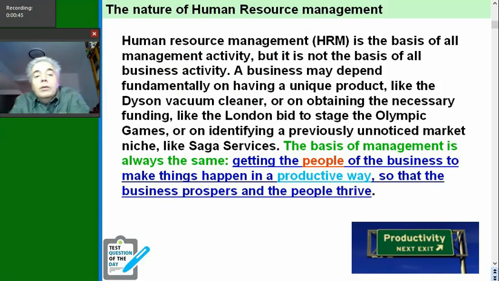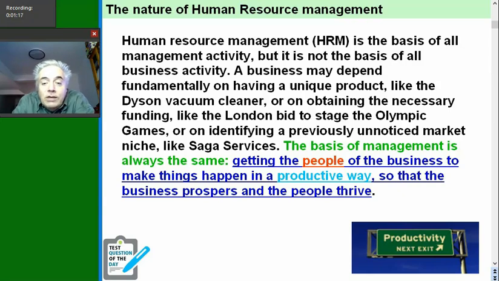The first thing I want to talk to you about is the nature of human resources management. This is the topic of today's class. Human resources management, HRM, is the basis of all management activity, but it's not the basis of all business activity. A business may depend fundamentally on having a unique product like a Dyson vacuum cleaner, or obtaining the necessary funding like the London bid to stage the Olympic Games, or on identifying a previously unnoticed market niche like Saga services.